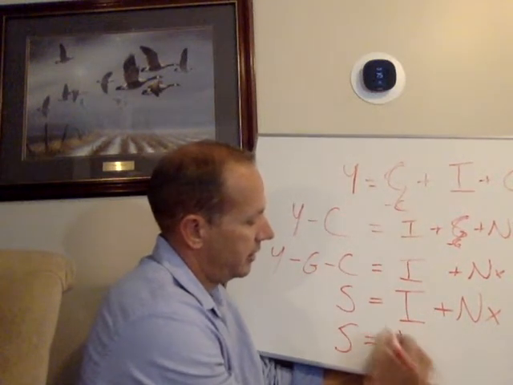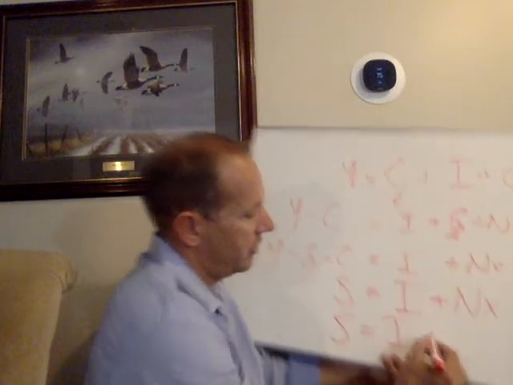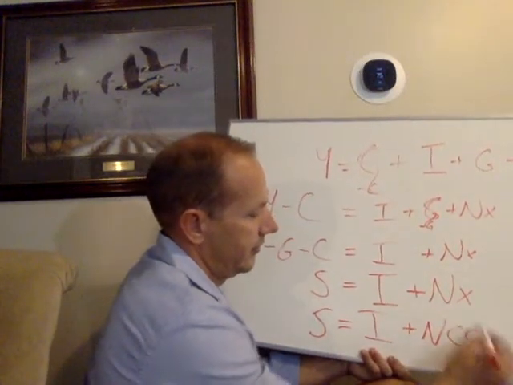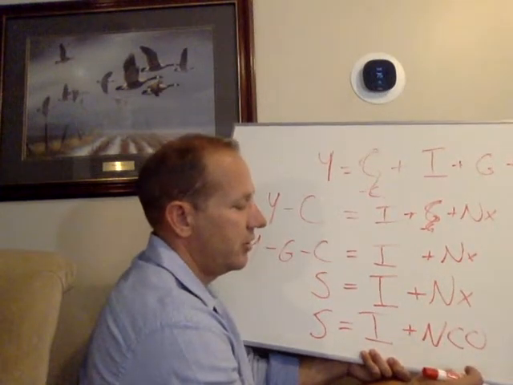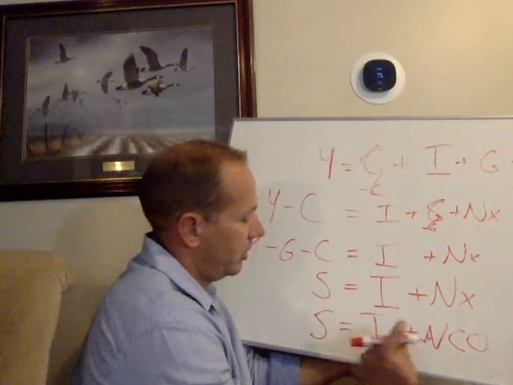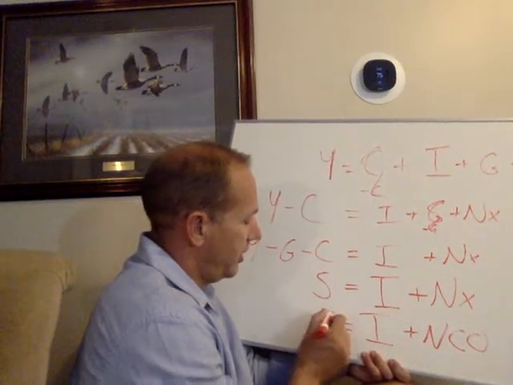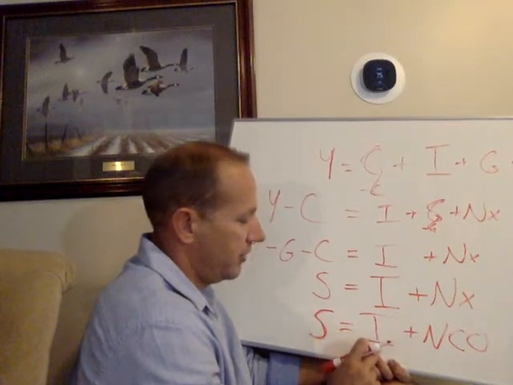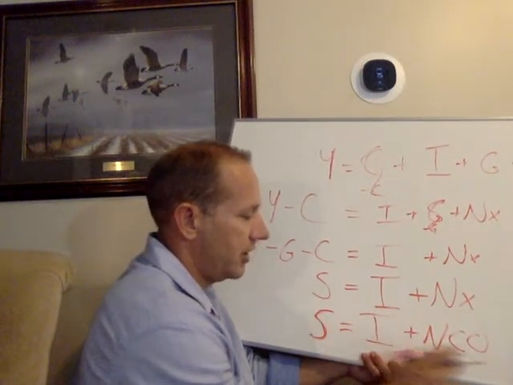I'll keep the I, and I'll substitute in something that's the same for this. If NX and NCO are the same thing, I can use them interchangeably. So what we're saying then is that national saving is equal to investment plus net capital outflow.